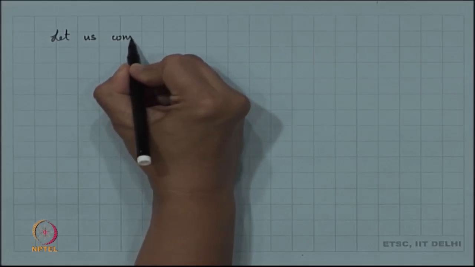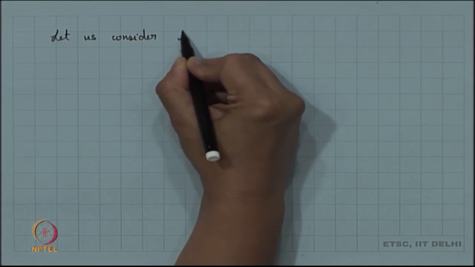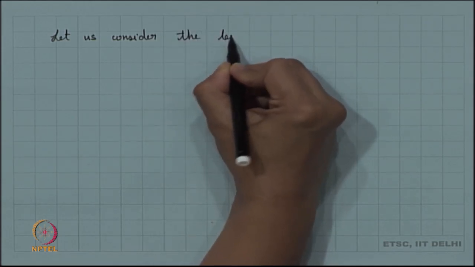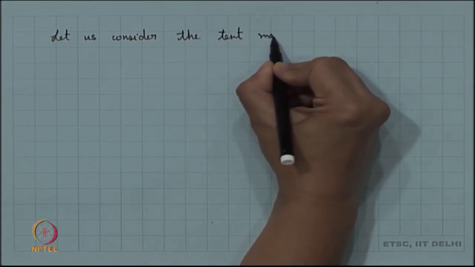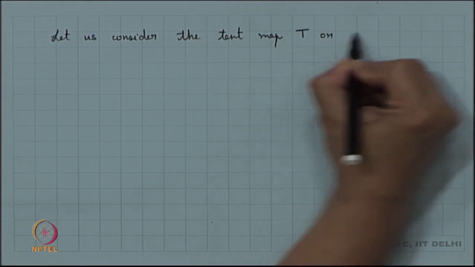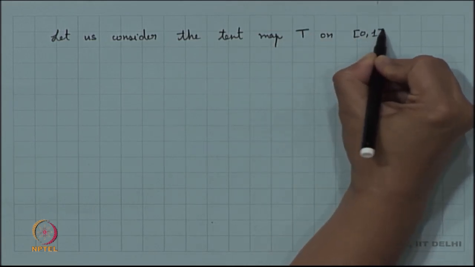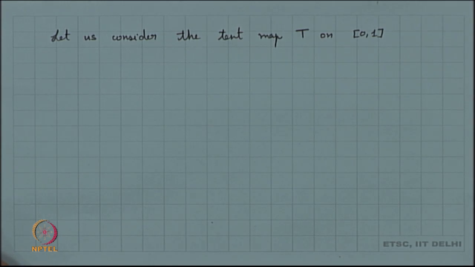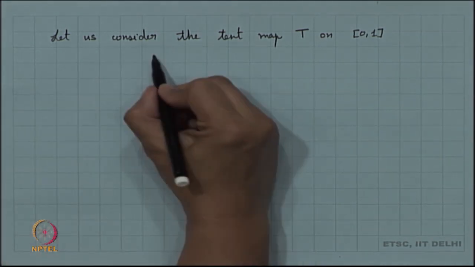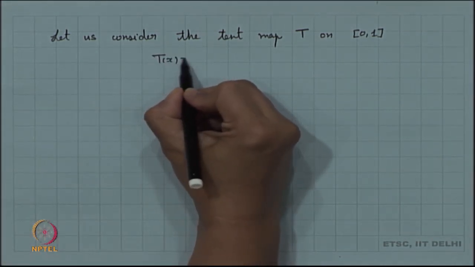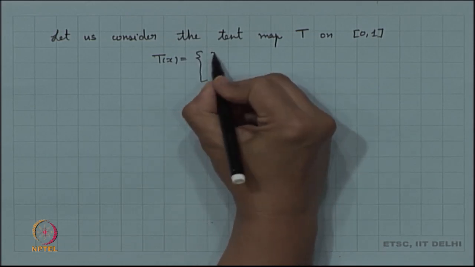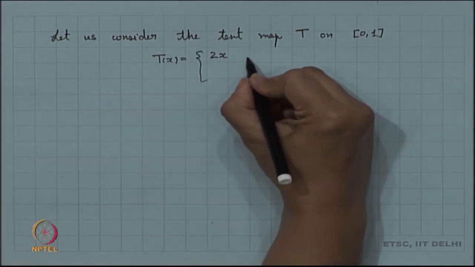So, we consider the tent map. We are considering the tent map T on [0,1], and you define T x to be equal to twice x.